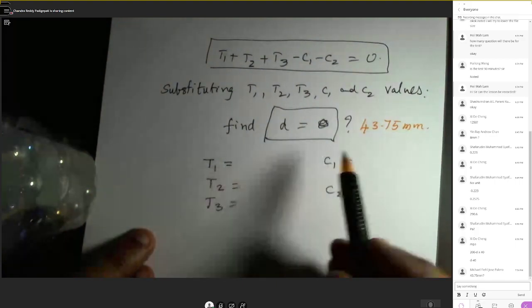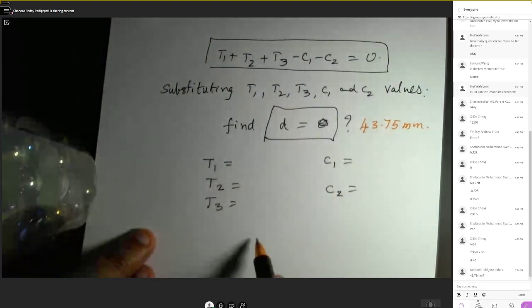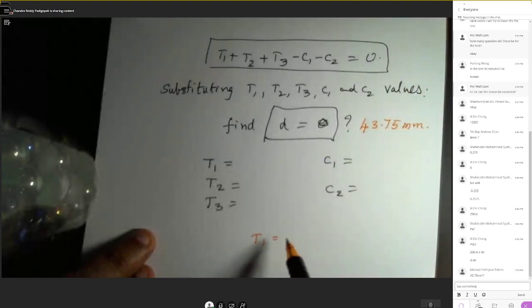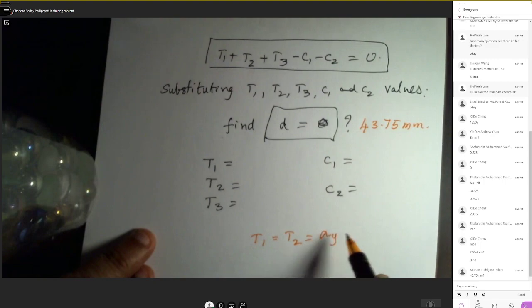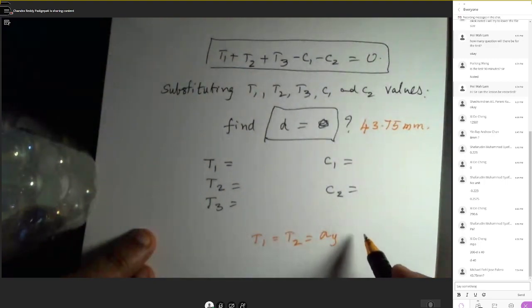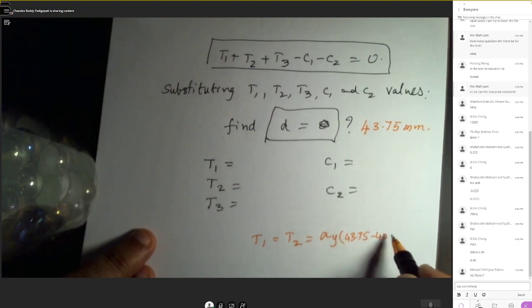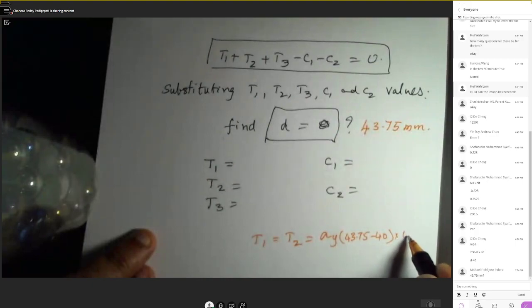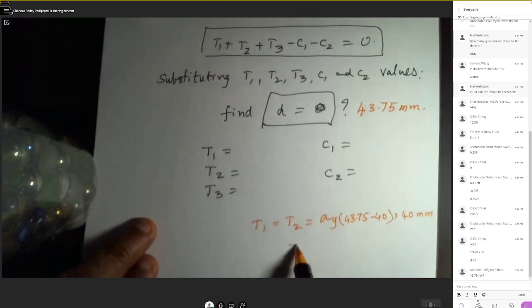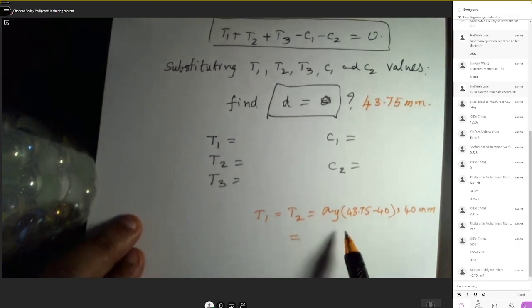Once you know D, you also know T1 is equal to T2 is equal to sigma y, which is 360 megapascals, into 43.75 minus 40 mm, into 40 mm. Once you calculate this, how much do you get, anyone? First calculate T1, T2.